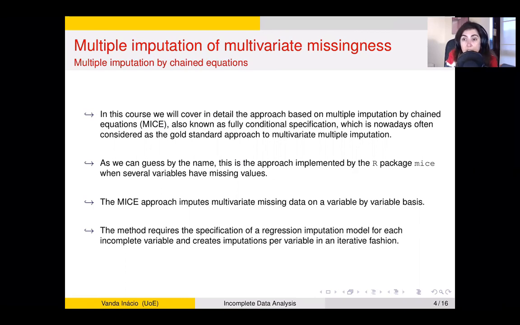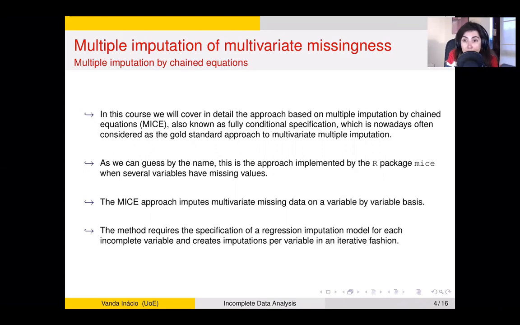But when there are more variables with missing values, we know that we have two main routes, and we will follow this one, that is widely known as MICE. Basically, what MICE does is that it imputes multivariate missing data on a variable by variable basis.